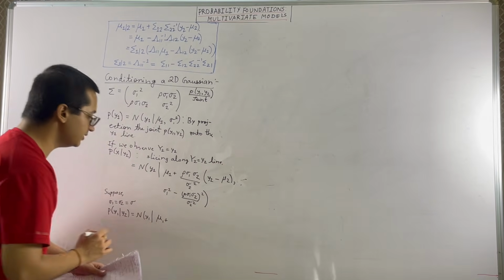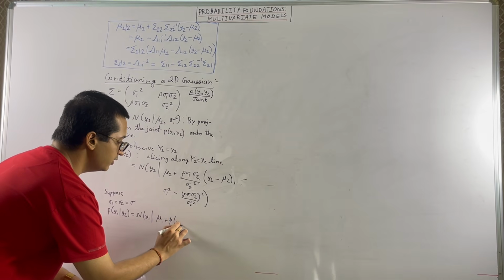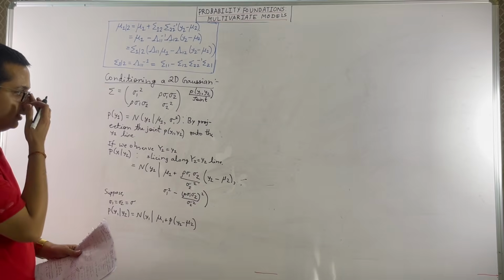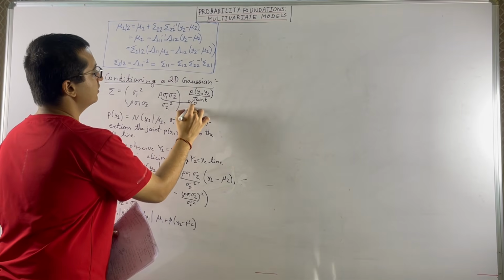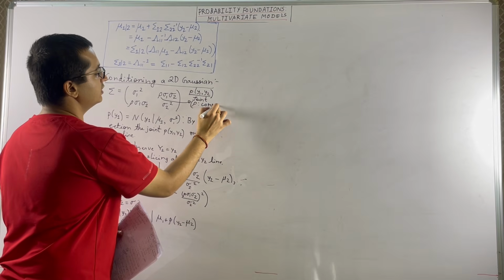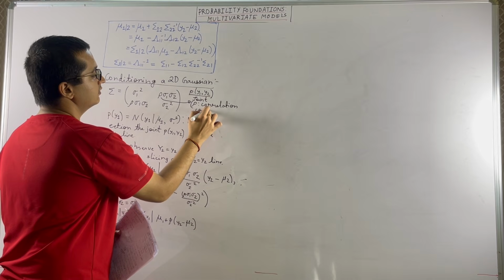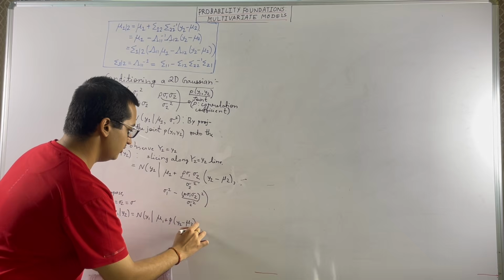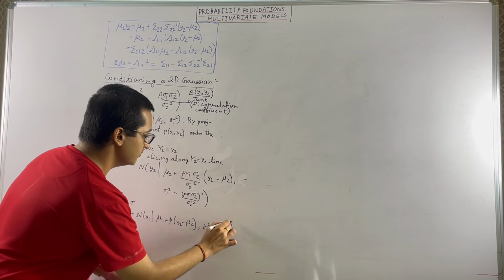So mu1 plus rho times y2 minus mu2. Rho is the correlation coefficient, so you know rho, right? So what we get is this, comma sigma square times 1 minus rho square.